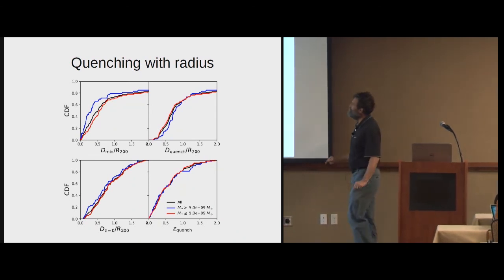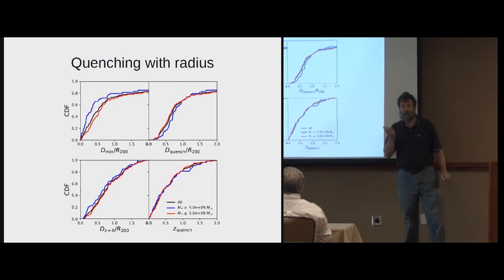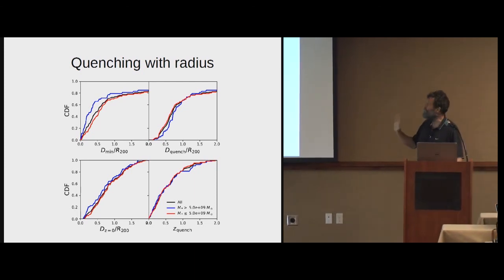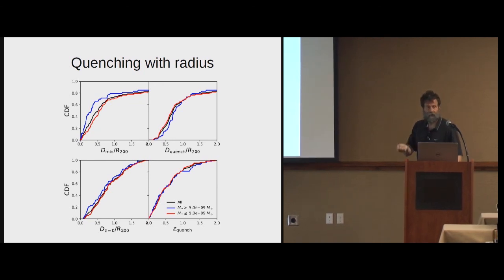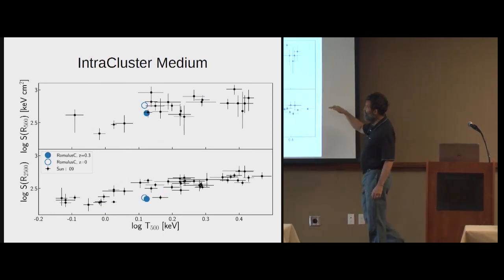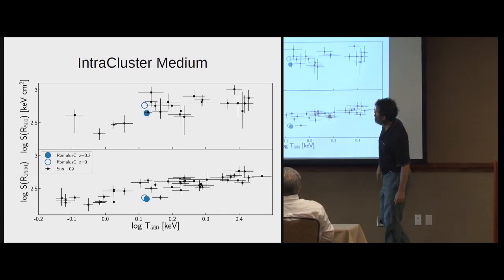We're seeing that the quenching is happening for the large galaxies as they approach the center of the galaxy. So don't have time. It seems like ram pressure is the main quenching mechanism as galaxies fall into this cluster. The Intra Cluster Medium fits on the observed relationships, that is entropy temperature diagrams.